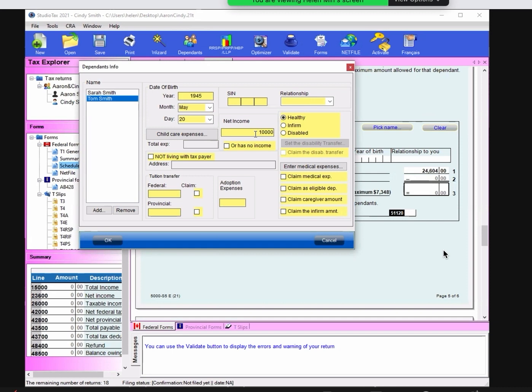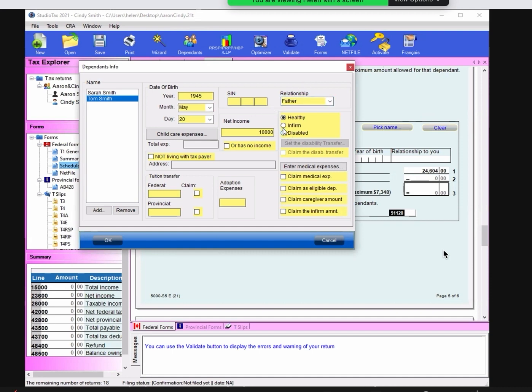Then the relationship: if it's Cindy's father, you put father. If it's Tom's father, then it's father-in-law. Since I just put Cindy's father, I put father.